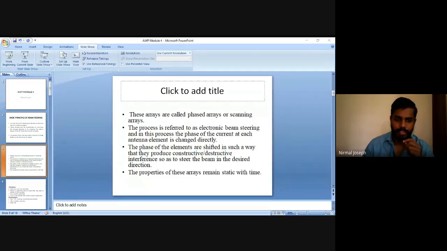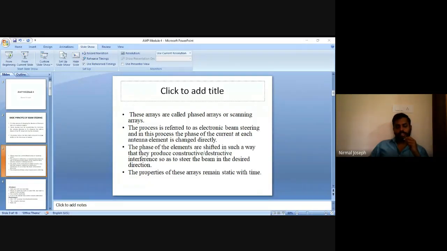And next case, we will take waves with the same phase. Suppose two sine waves are interfering. Whenever the first sine wave is maximum, the second sine wave is also maximum. Whenever the first sine wave is minimum, the second sine wave is also minimum.